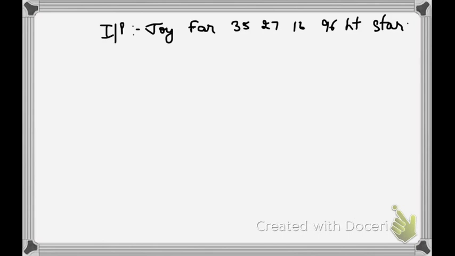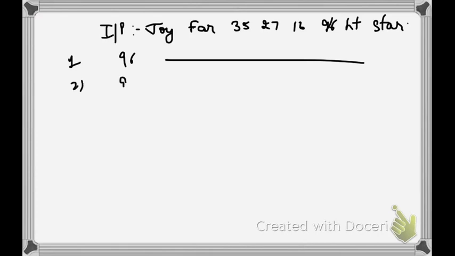Suppose you are given this input, I'm illustrating the example given in the question: joy for far 35, 27, 16, 96, height and star. The first step was that 96 comes in front and the rest of the input remains the same, so I cut 96 in the input line.